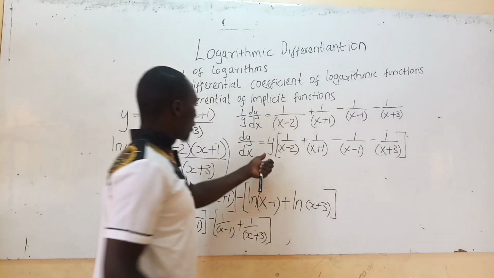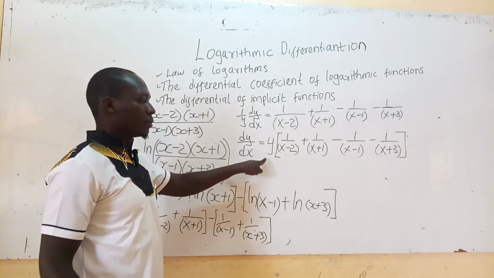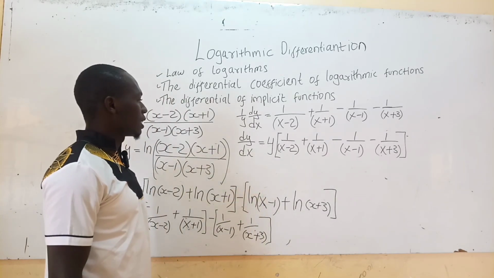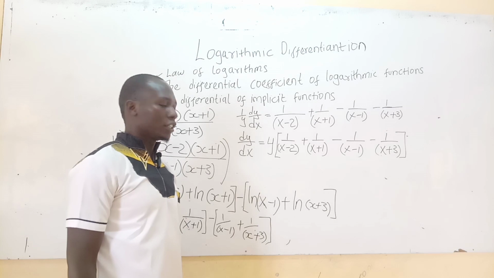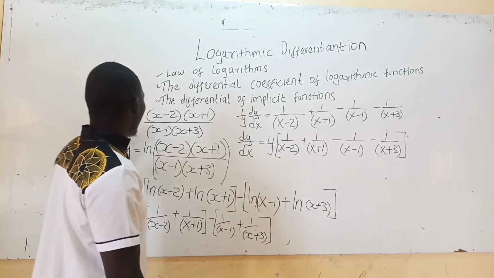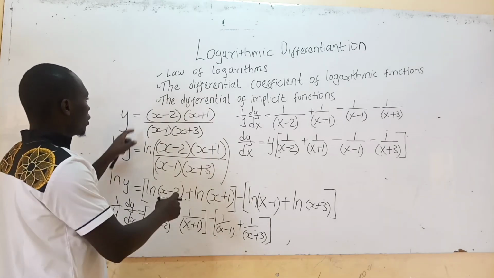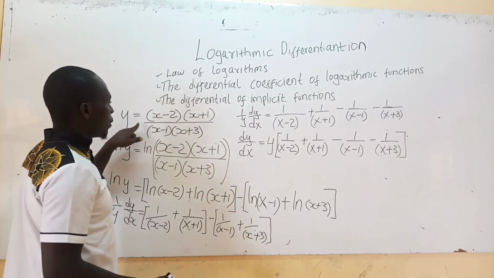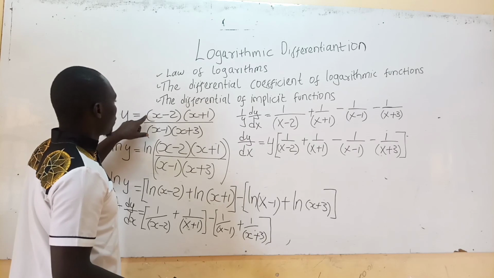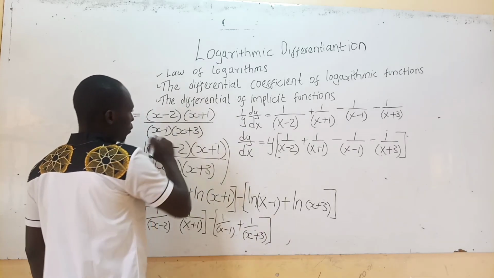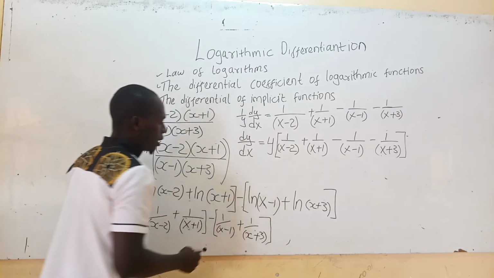But from here now, we have y is equal to everything on the other side after doing your differential. But we say that y was equal to this function. So we are going to replace y with the term of x minus 2 multiplied by x plus 1 with the whole of this one.